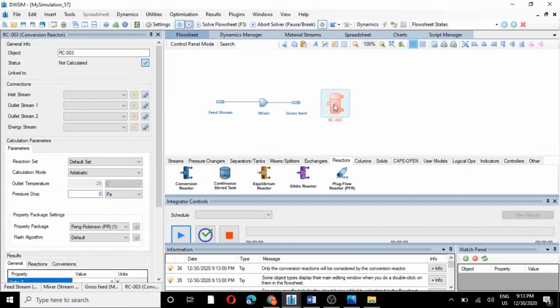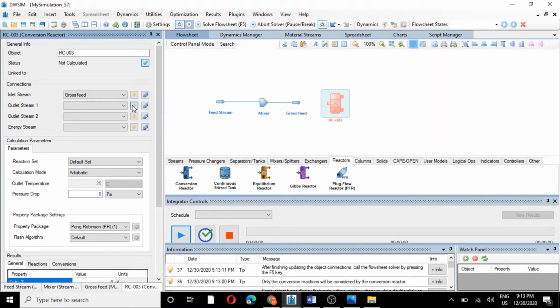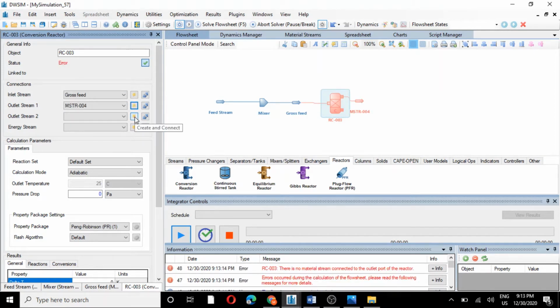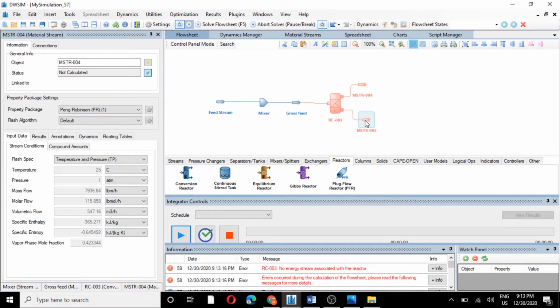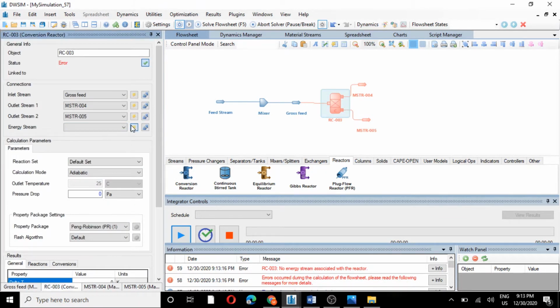So just drag, then for the inlet stream, the gross feed, and click two outlet streams and an energy stream.